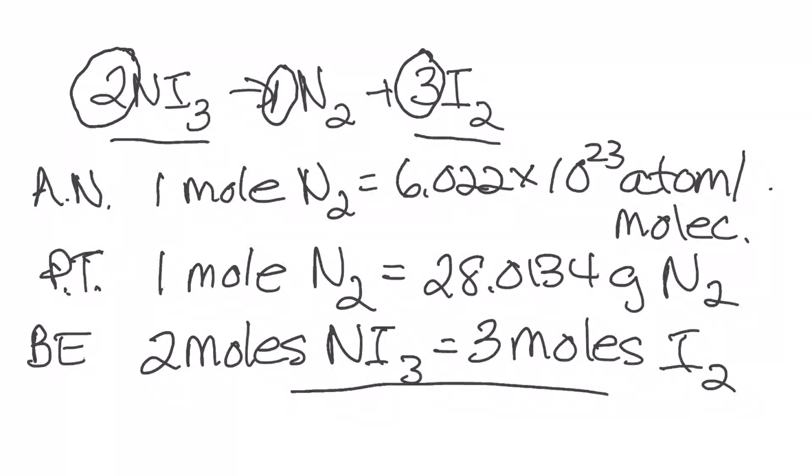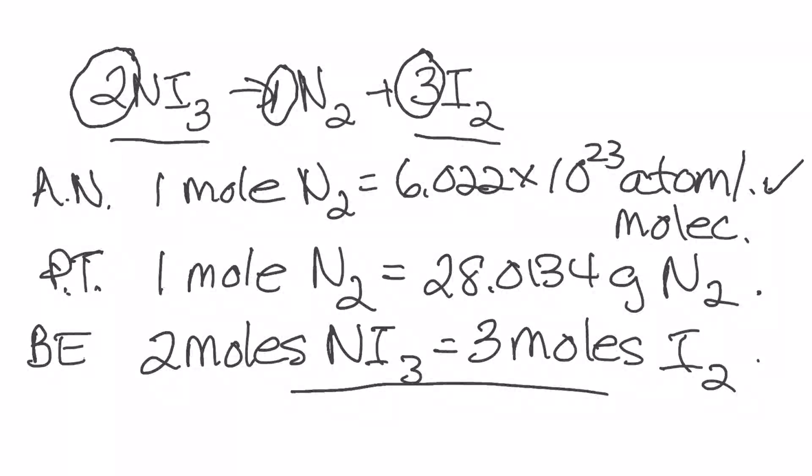So when do I use Avogadro's number? When do I use the periodic table? When do I use a balanced equation? Well, if the question you're trying to solve asks you about number of atoms or number of molecules, or gives you the number of atoms or molecules, you need to use this one.